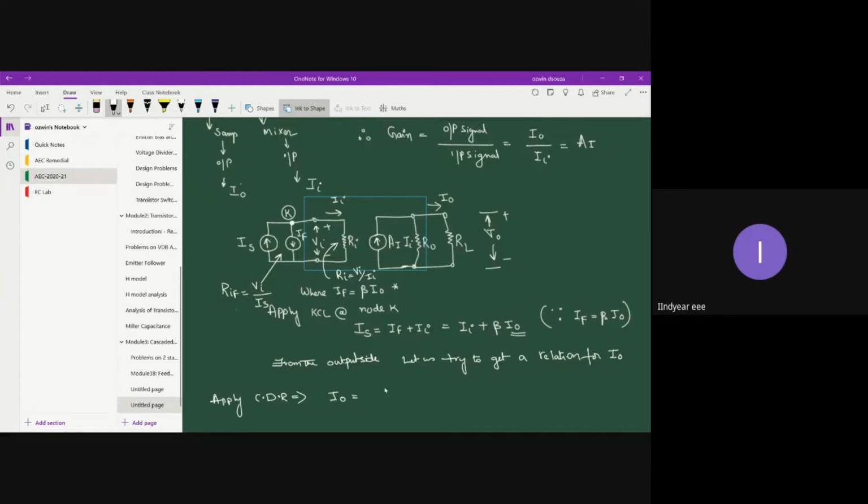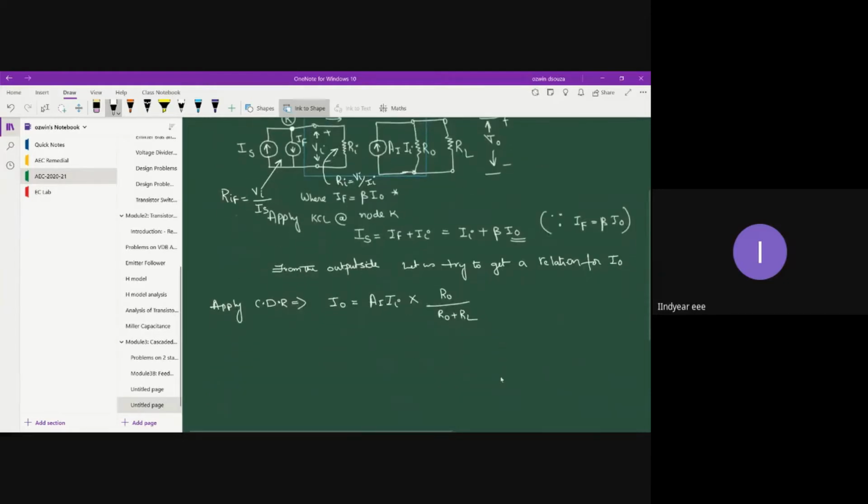So I naught is equal to main current into resistance of the opposite branch divided by sum of the resistances. When R naught is considered as very large in comparison with RL, you would get I naught very close to the gain times the input current.